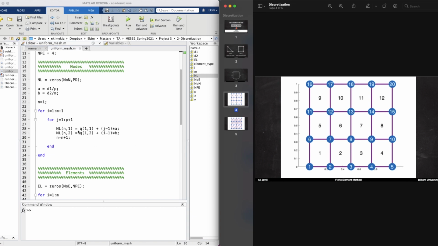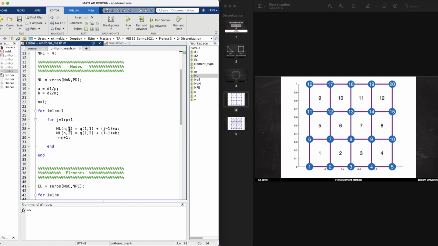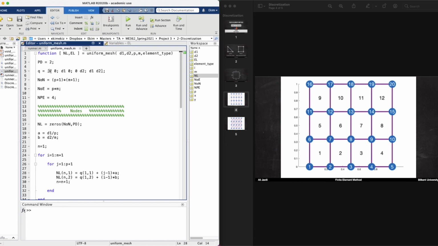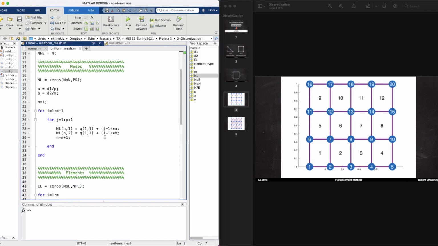Okay, and let's see actually what we do. We say that the first column of that specific node, so the x-coordinate of that node, should be q11. So what was q11? It's the first column of the first row, so the x-coordinate of this corner, right? That thing plus j minus 1 times a.